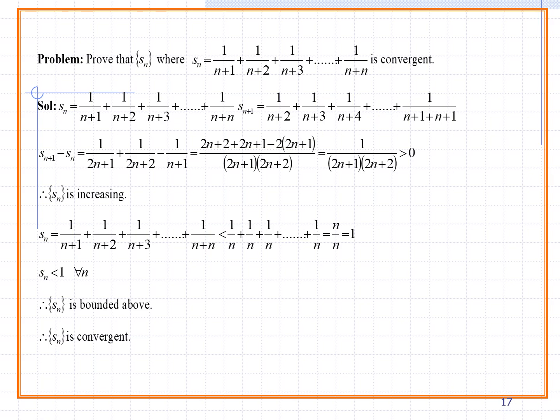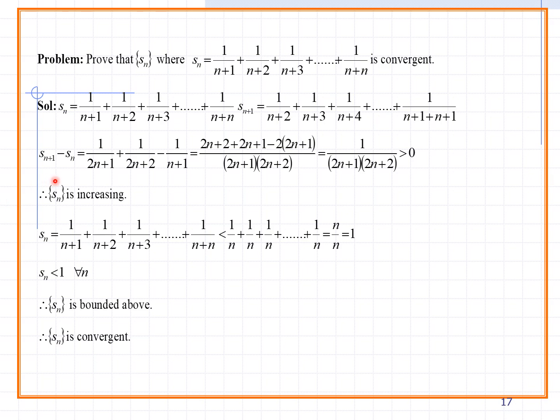Let us see one more example. Prove that the sequence Sn, where Sn equals 1 by (n plus 1) plus 1 by (n plus 2) plus 1 by (n plus 3) and so on, plus 1 by (n plus n), is convergent. Once you say convergent, how do we put it? Sn plus 1 minus Sn greater than 0.